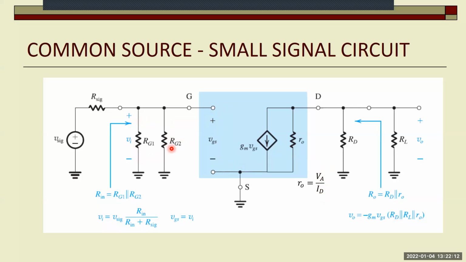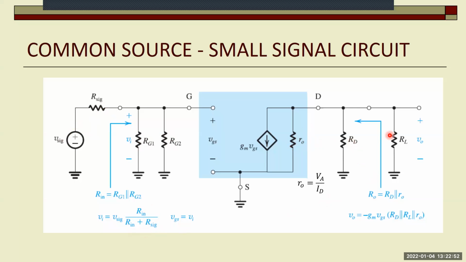And so their parallel equivalent is important because our Rsig, the internal resistance of the source, and the parallel equivalent, the signal is basically voltage divided on these resistors and by this factor. Anyway, VGS is Vi. Let's go to the output side. Output resistance is RD in parallel to R0, or if there is no R0, it's basically RD.